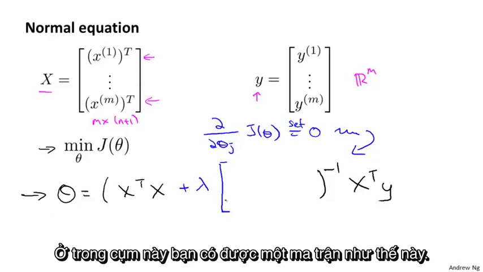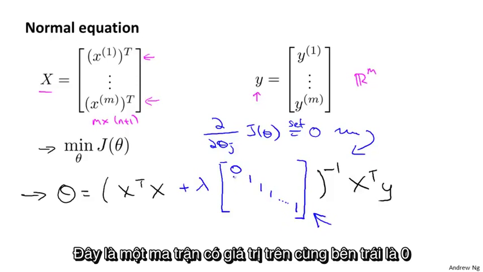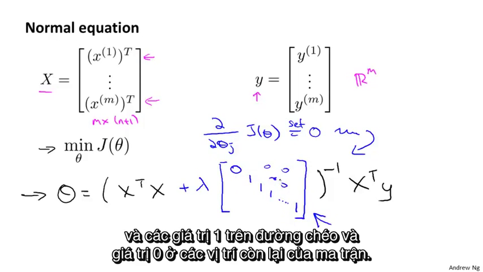Inside this parenthesis, you end up with a matrix like this: 0, 1, 1, 1, and so on, 1 until the bottom. So this thing over here is a matrix whose upper leftmost entry is 0, there are 1s on the diagonals, and then there's 0s everywhere else in this matrix, because I'm drawing this a little bit sloppily.